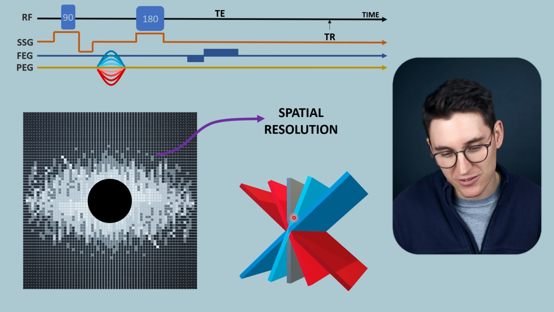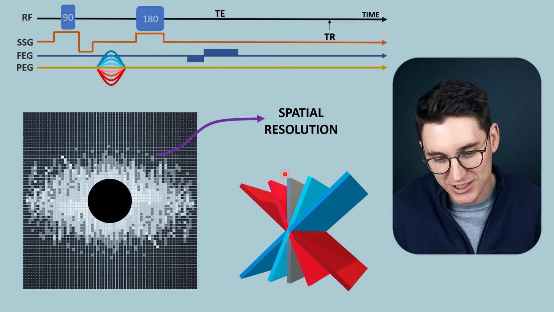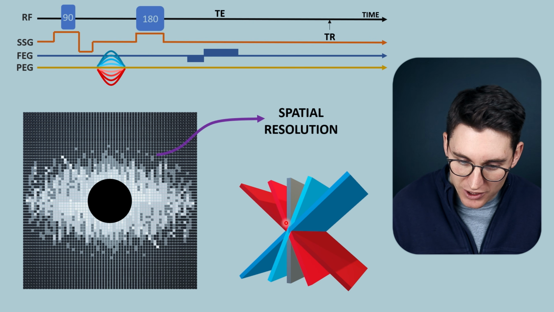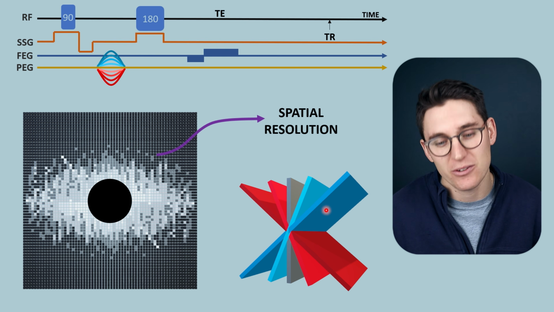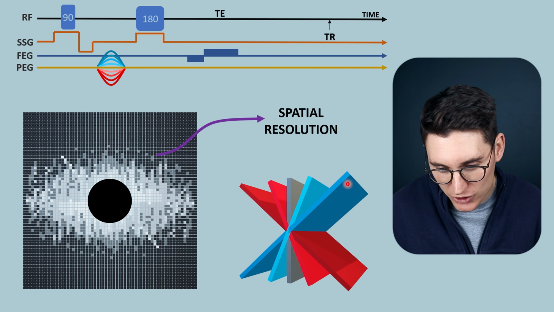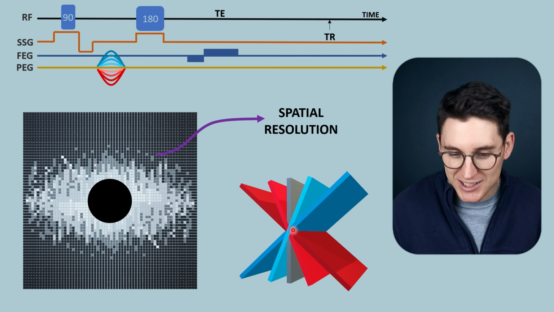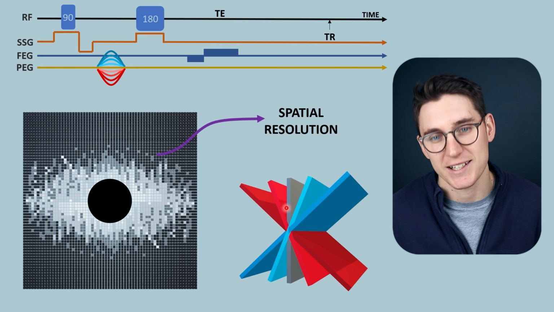Now, if you look at the different phase encoding gradients that we apply along the y-axis of our slice that we've selected here, we can see that the stronger phase encoding gradients have a larger rate of change of dephasing as we head up this y-axis here. The rate of change of the amount of dephasing that will happen in the y-axis is much higher for the stronger phase encoding gradients along the y-axis here.